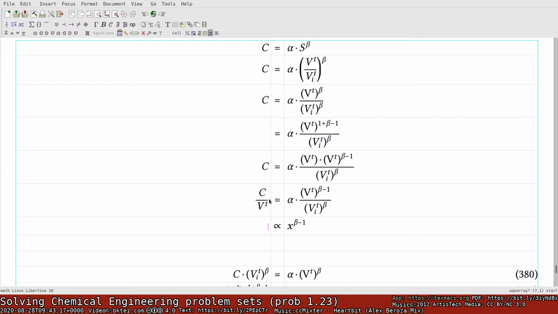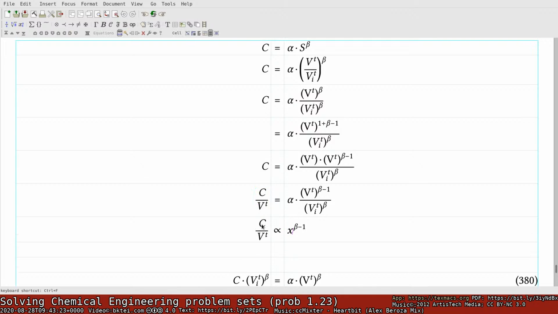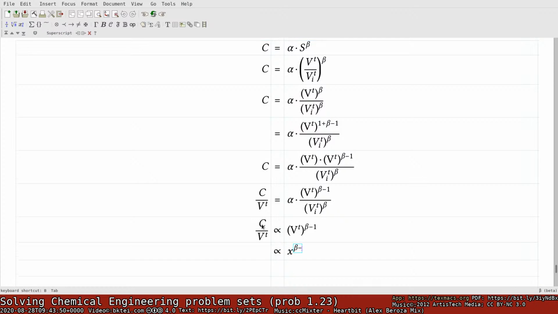So what we're saying is this thing is proportional to this quantity, x raised to some number that is between 0 and just some negative number.